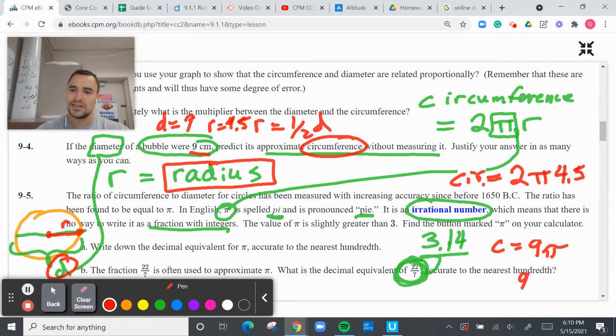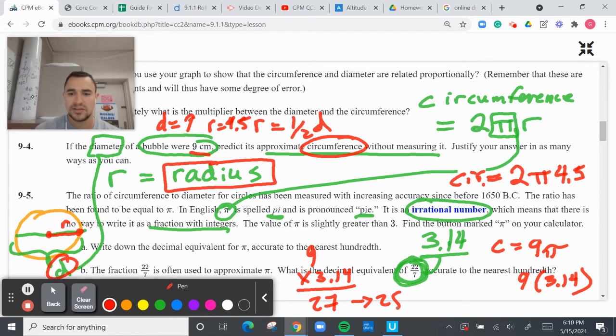That means 9 times 3.14, and then we would just do the math. 9 times 3.14, we can say it's about 3, so it should be about 27, probably up to 28 because of the 0.14. That's kind of the ratio. If we were doing the blow the bubble situation, you would say it increases by about 3. So the relationship between the diameter and the circumference would be about 3.14. That would be the approximation.